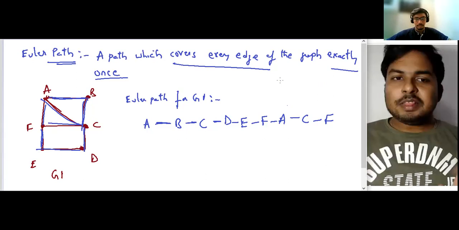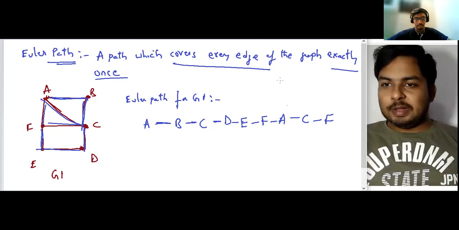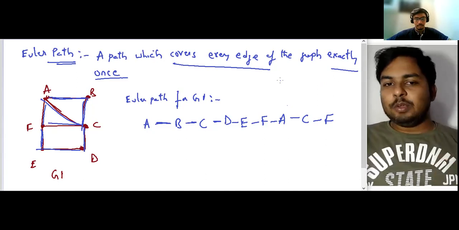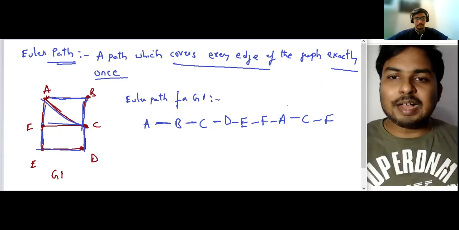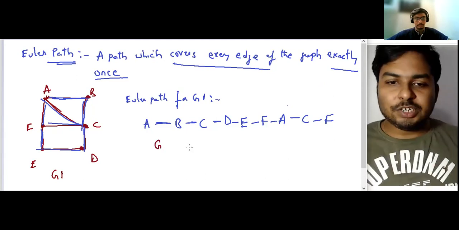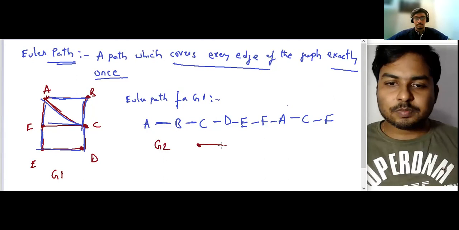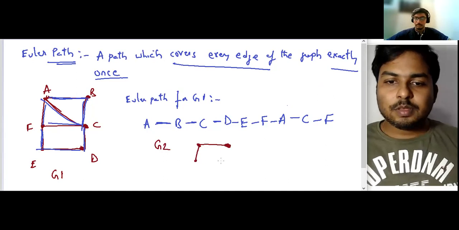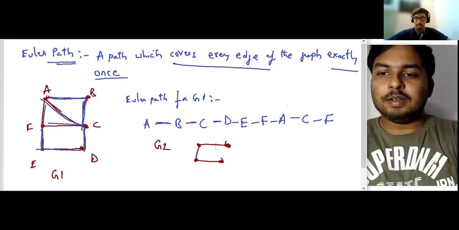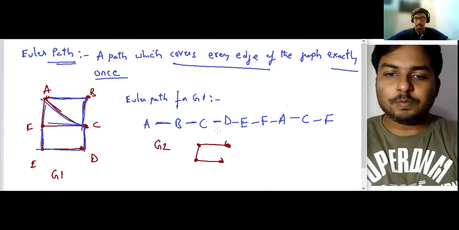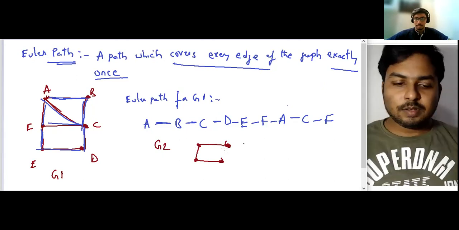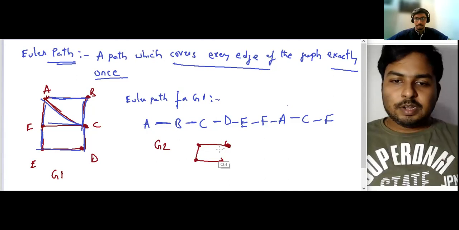But that doesn't mean that every graph will have a Euler path. There can be graphs which don't have a Euler path. For example, if I give a graph G2 to you like this, let me draw it a little bit big.